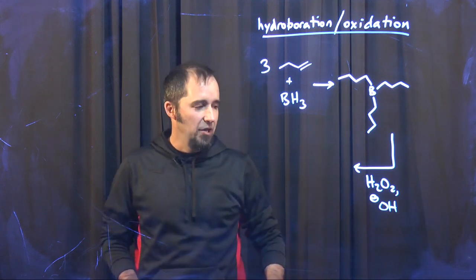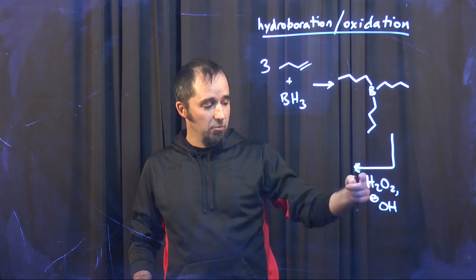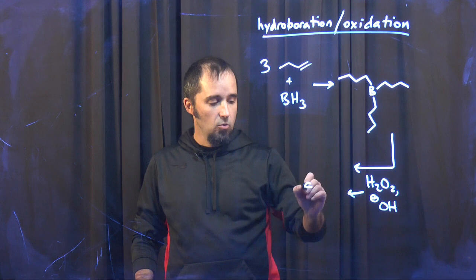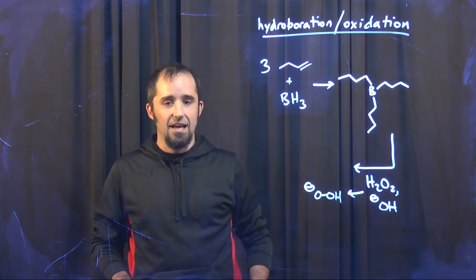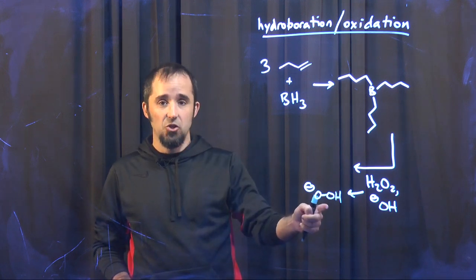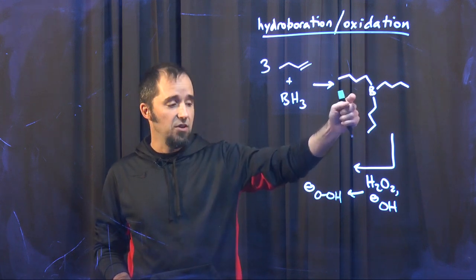base, so sodium hydroxide. Hydrogen peroxide is actually a better acid than water is, rather. So what I end up with is this peroxide base, or OOH minus. This is a good nucleophile. It's a great nucleophile. And this is still a good electrophile.